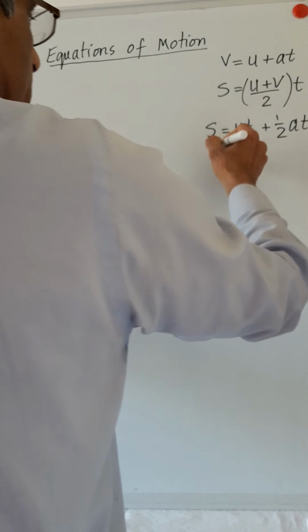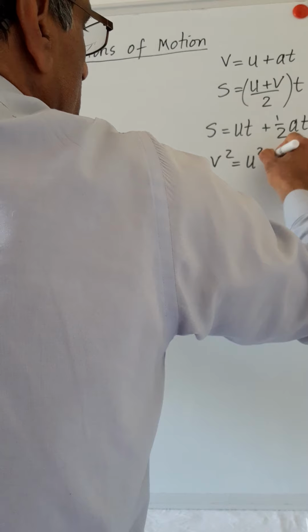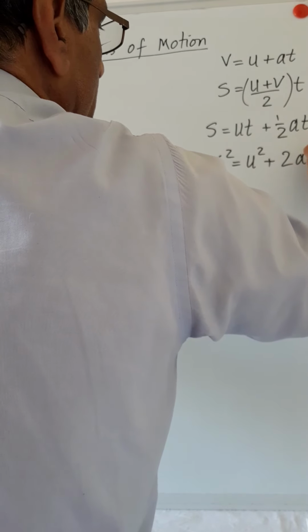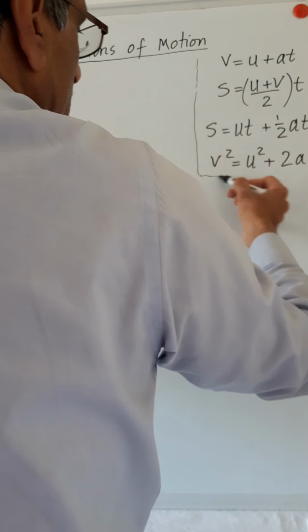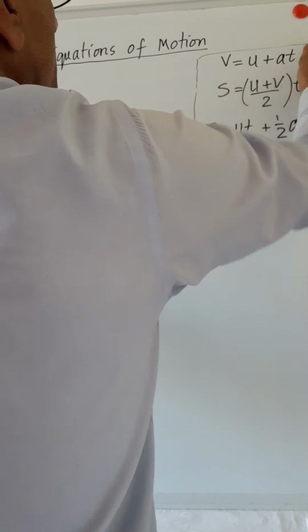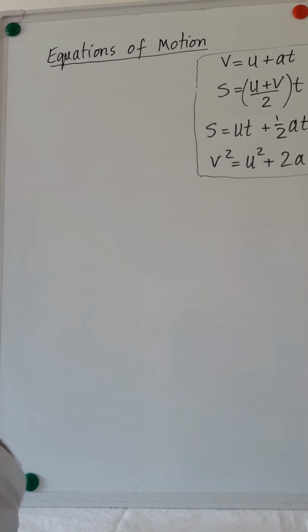And the fourth one is v squared equals u squared plus 2as. We're going to keep these here because we're going to refer to these later on. This is number 1, that's 2, that's 3, and this one is 4.